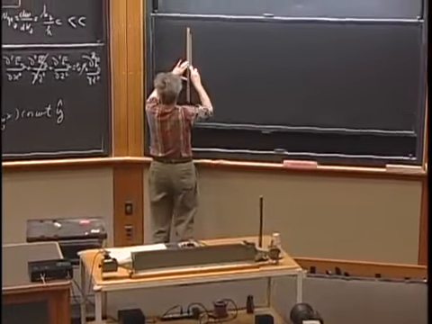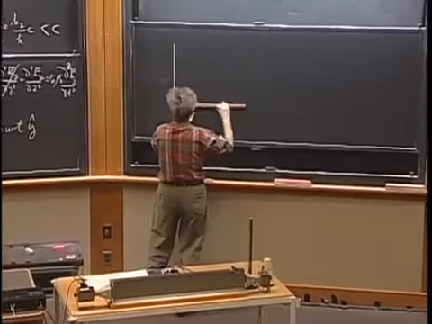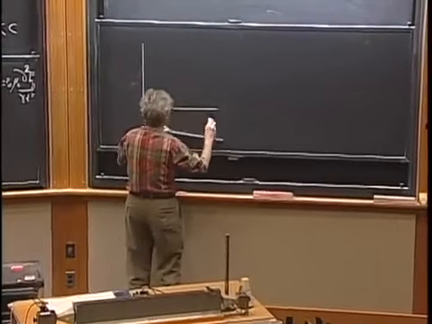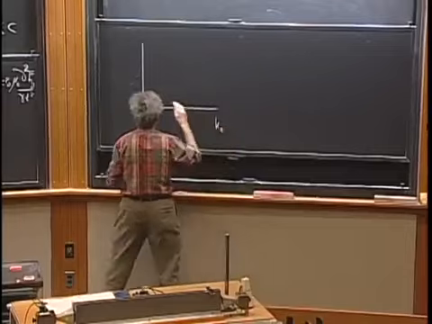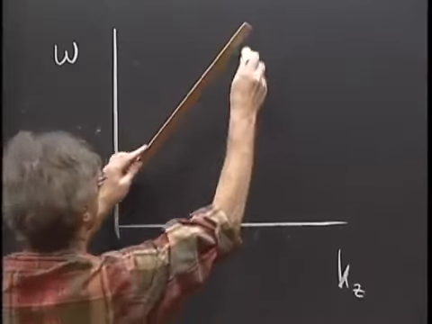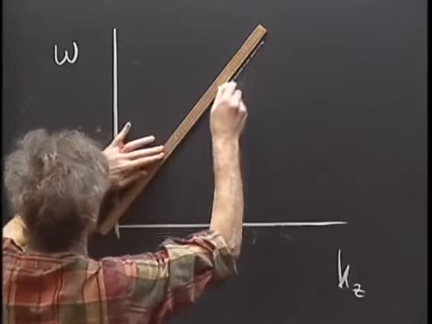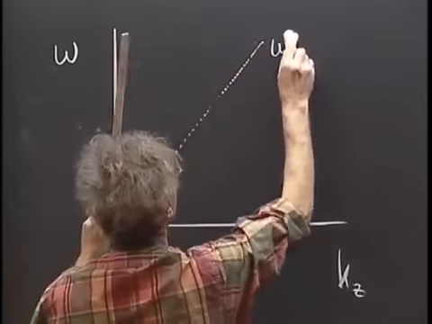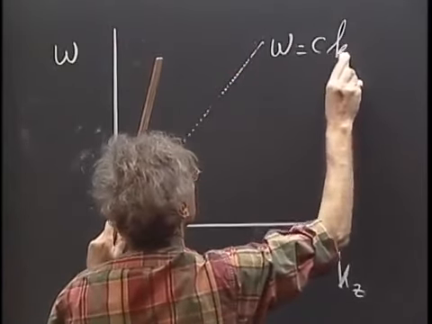So I'm going to make a new plot, otherwise it becomes too confusing, too many lines: kz, omega, and here is your non-dispersion line, omega is c times k.